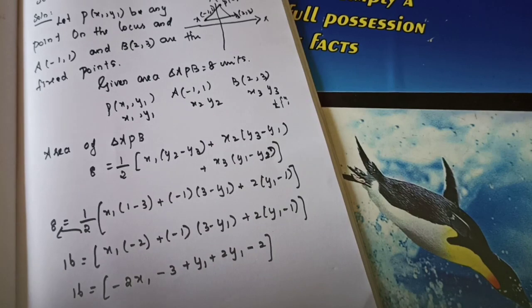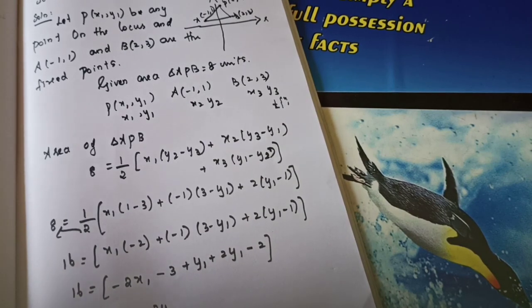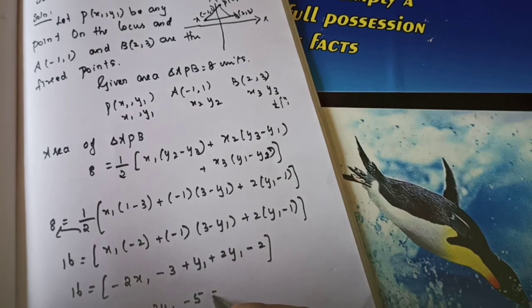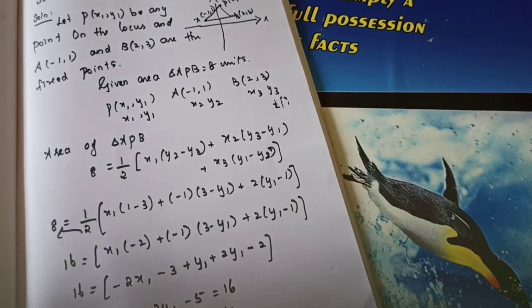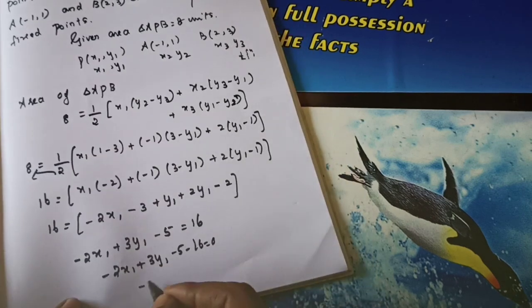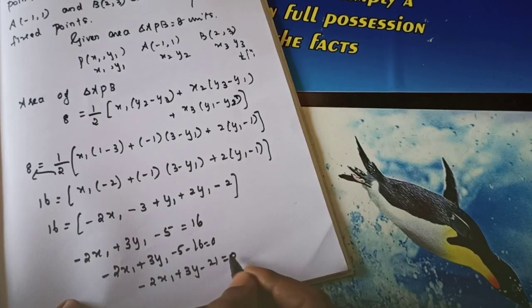Correct? Then next you can simplify: minus 2x1 plus 3y1 minus 5 is equal to 16. Okay. Bring all the terms to one side. That is minus 2x1 plus 3y1 minus 5 minus 16 equal to 0. So what's the value? Minus 2x1 plus 3y1 minus 21 equal to 0.